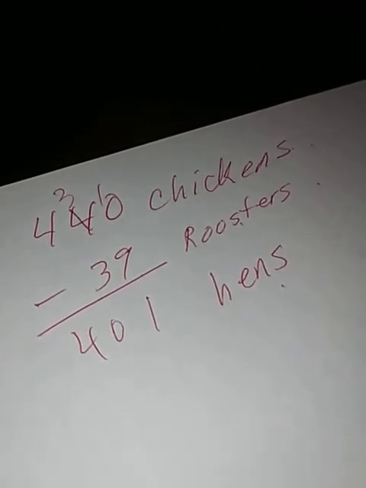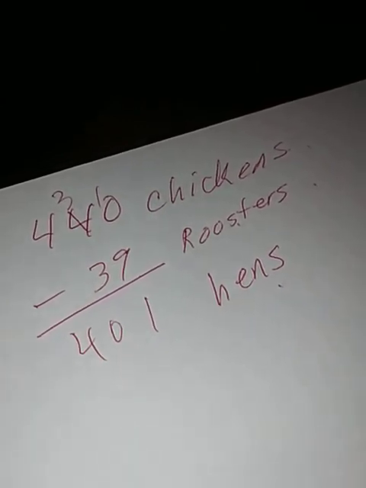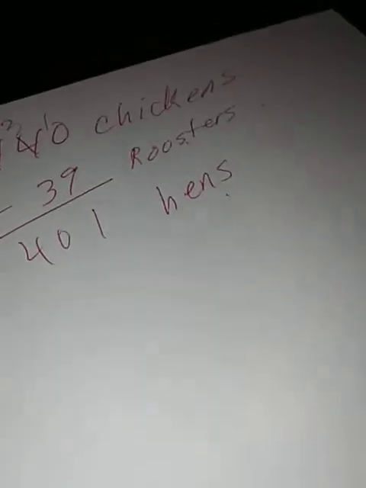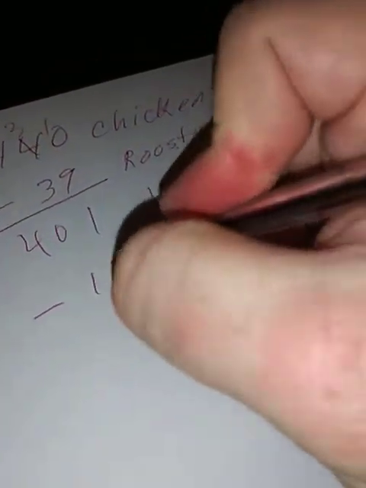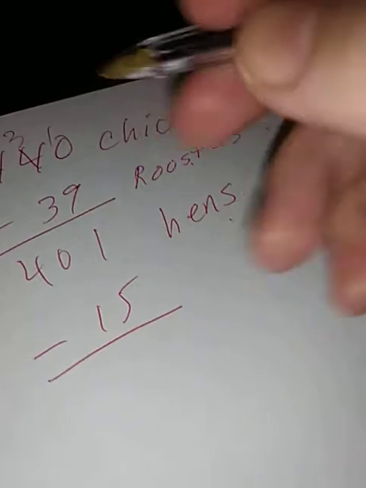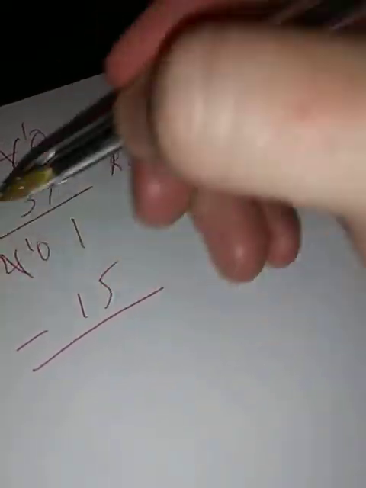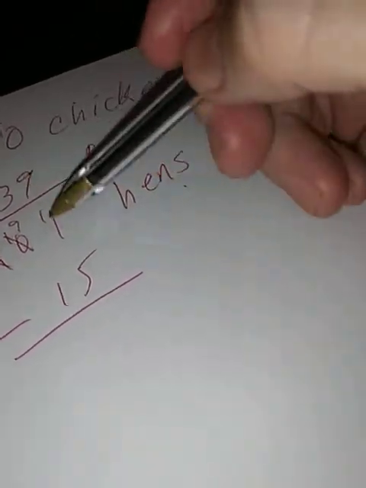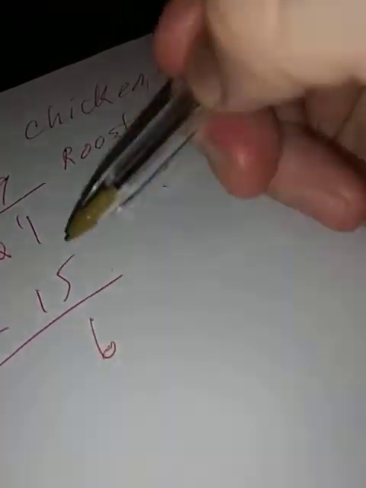15 of the hens do not lay eggs. So I'm going to subtract 15. Let's do this. Borrow from the 4. This becomes a 3. This becomes a 10. Still got to borrow. So this is 9, 11. This is 6. 9 minus 1 is 8. 366.